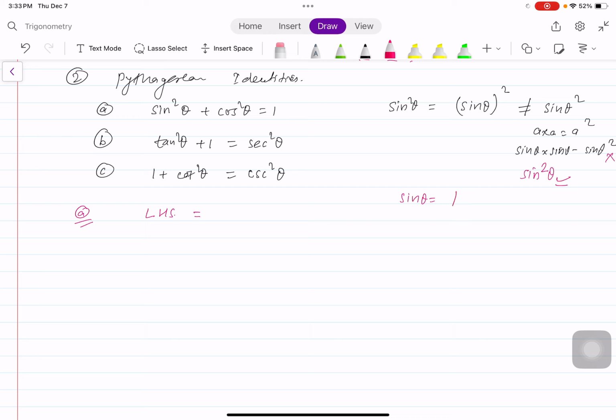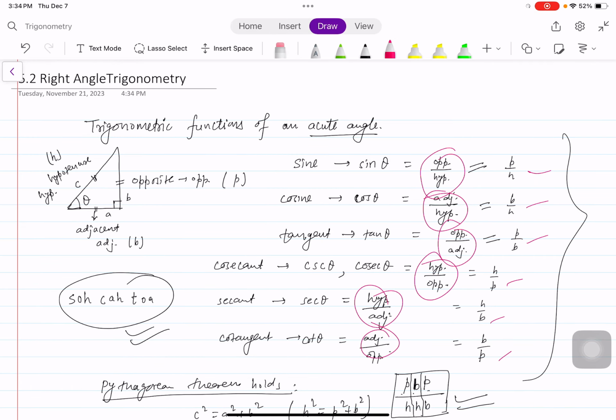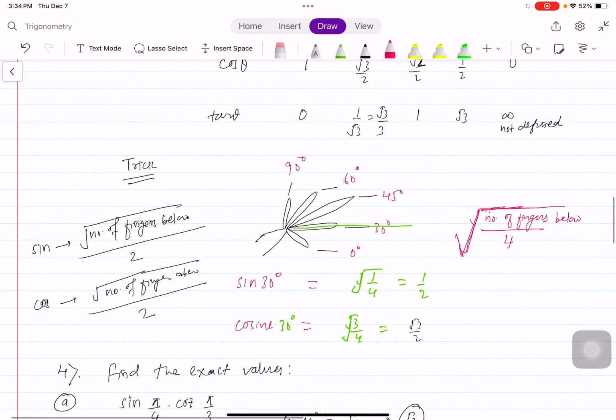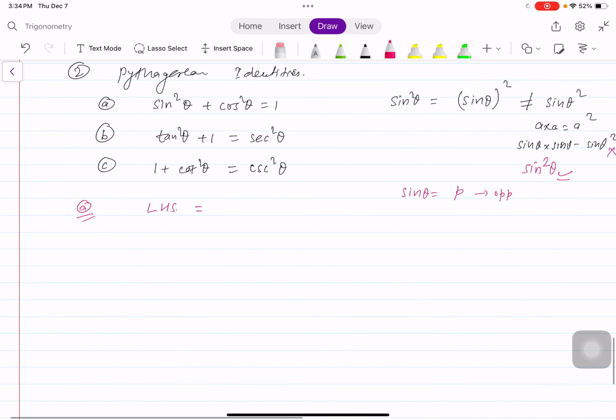I will write opposite as perpendicular p, and recall these relations: opposite p, adjacent, and hypotenuse h. The relation between these is the Pythagorean theorem: hypotenuse square equals the sum of the squares of the remaining two sides.